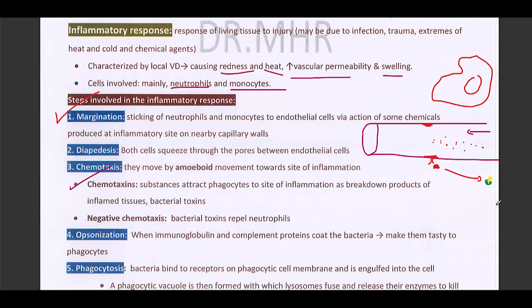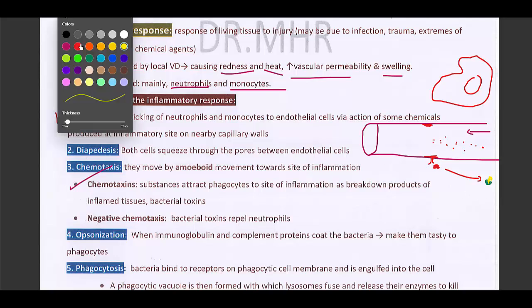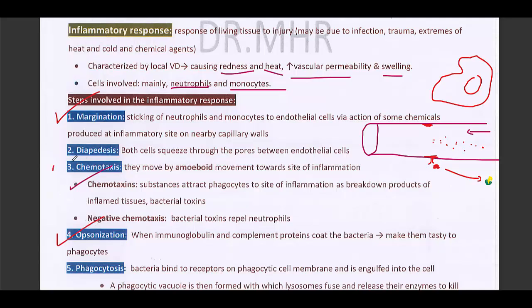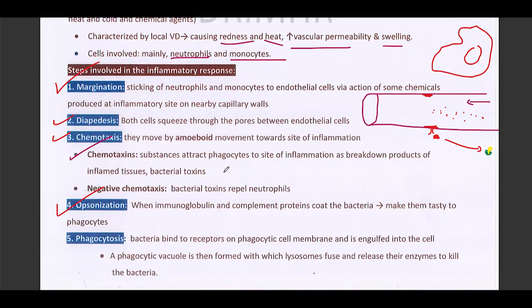That means: come on cells, come here. This bacteria is ready to be eaten. This is opsonization, as we discussed before.